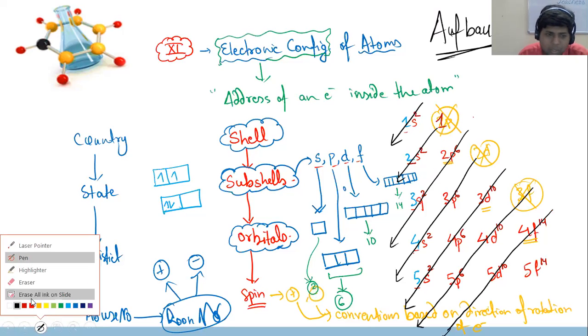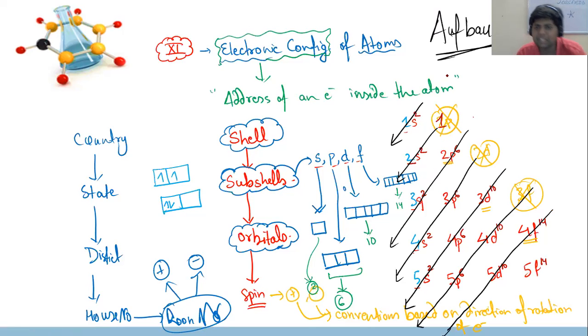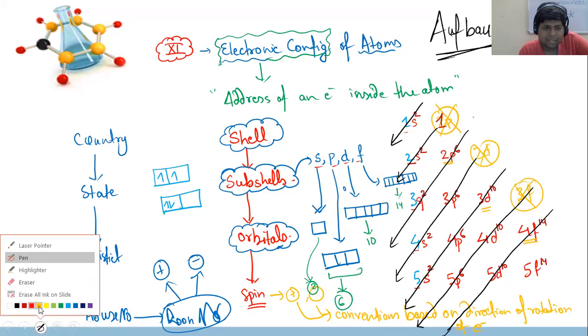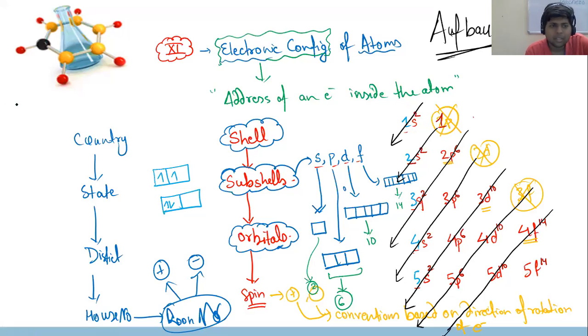So this is how the orbitals are arranged. You can see the direction of the black arrows, right? This is the pattern in which the electrons are filled. First 1s2, after that 2s2, after that 2p6, then 3s2, then 3p6.